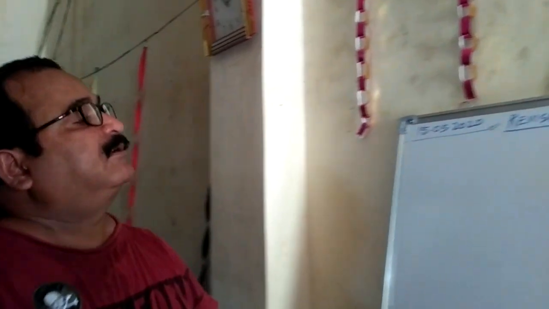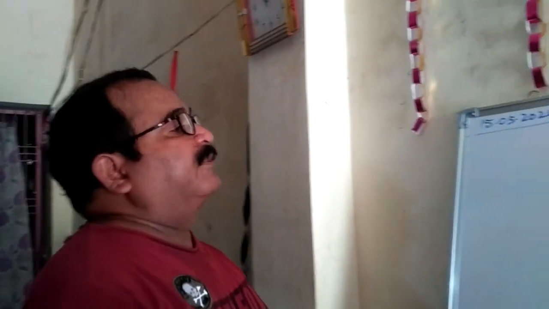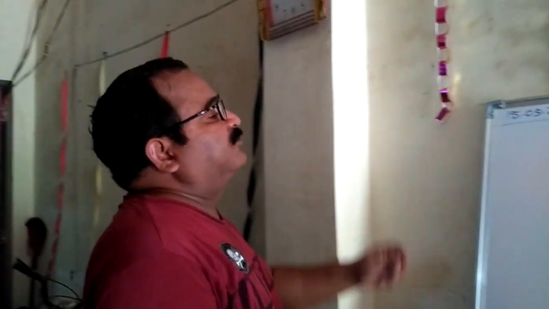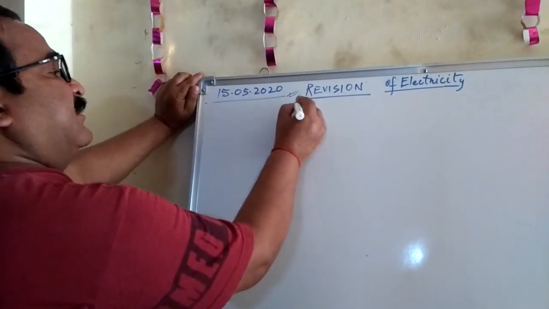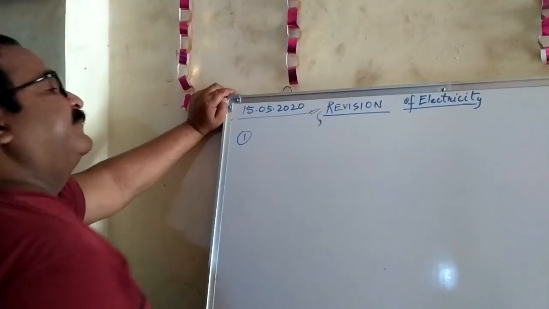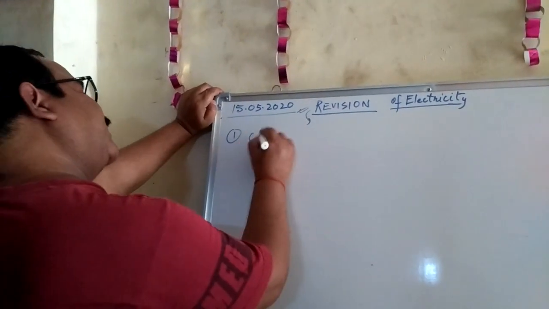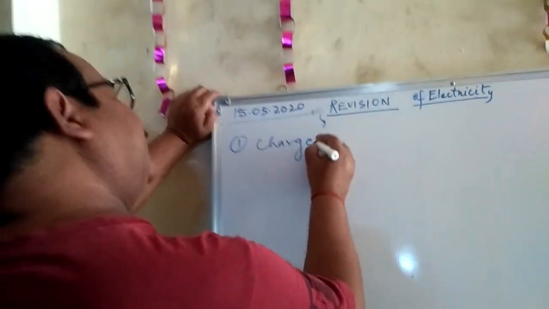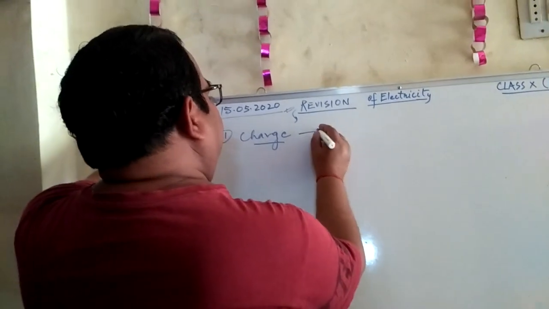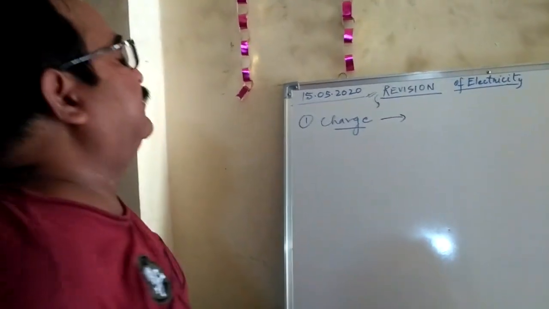Today we will revise some of the taught part in electricity, and we will discuss the later part of electricity in the next class. When we start the revision of electricity, the first topic is the charge. Charge has two states.